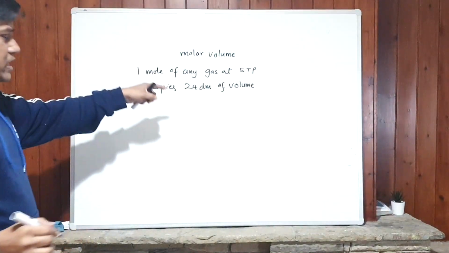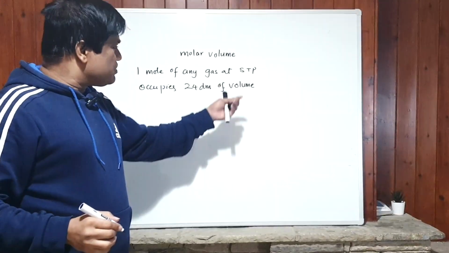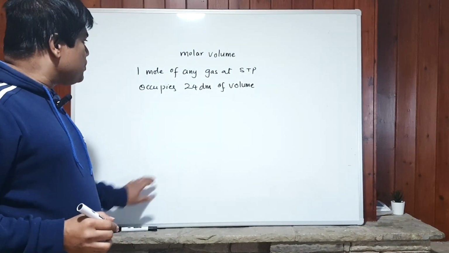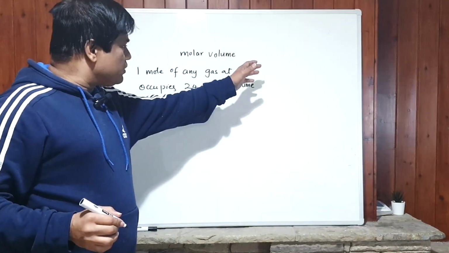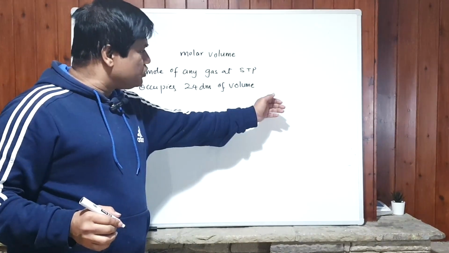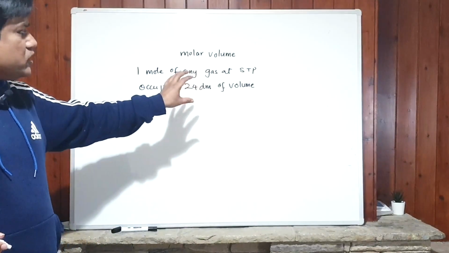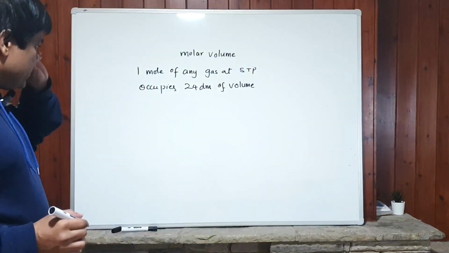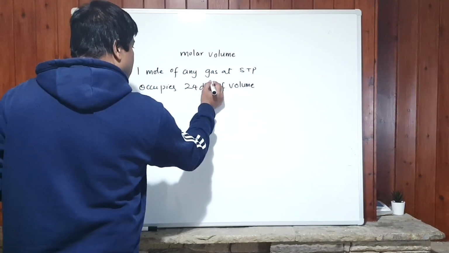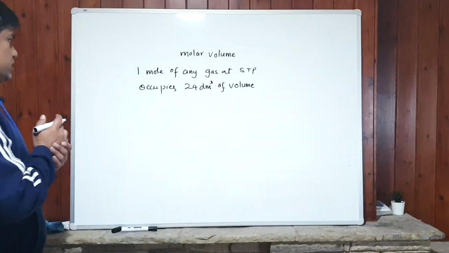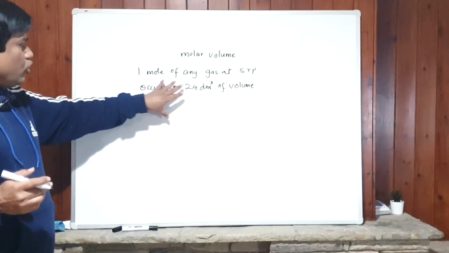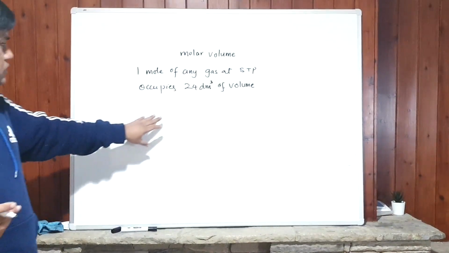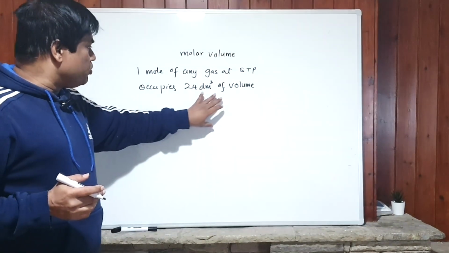STP is standard temperature and pressure. Sometimes it is called room temperature and pressure, but don't think room temperature is 10 or 15 degrees. The standard room temperature is 25 degrees. So 1 mole of any gas at standard temperature and pressure occupies 24 dm cube of volume.